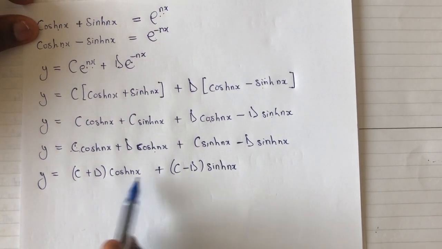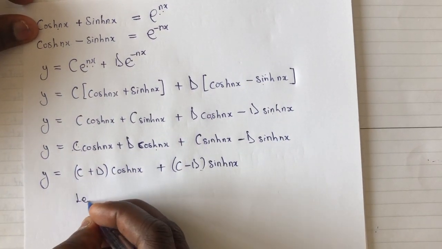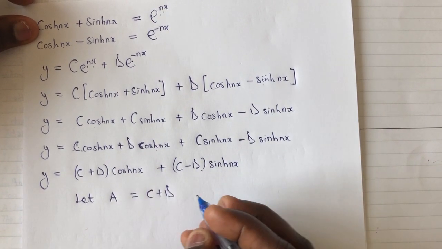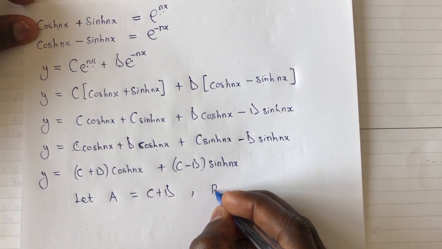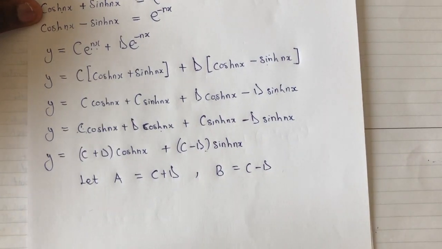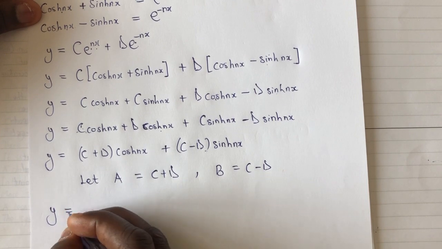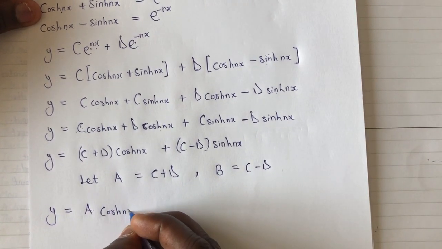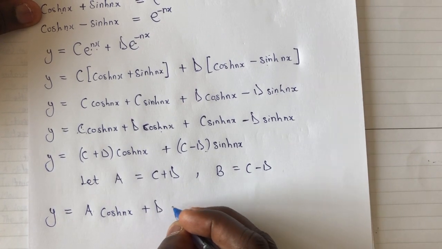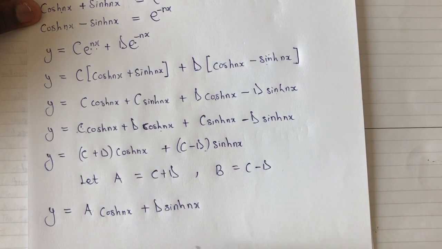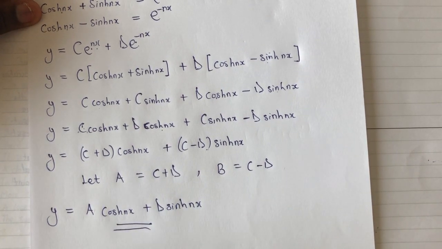Then when we get here, we will say let a be equal to c plus d, and let b be equal to c minus d. So therefore y is going to give us a cos nx plus b sin nx. This is the proof.